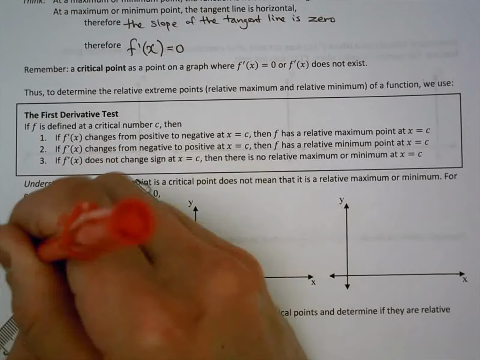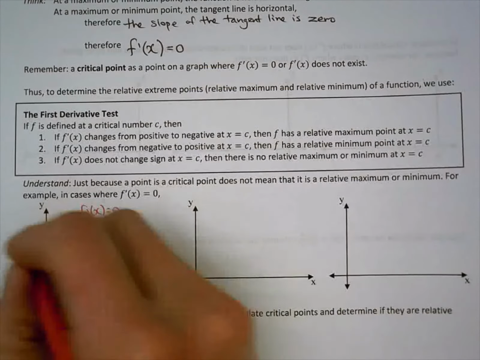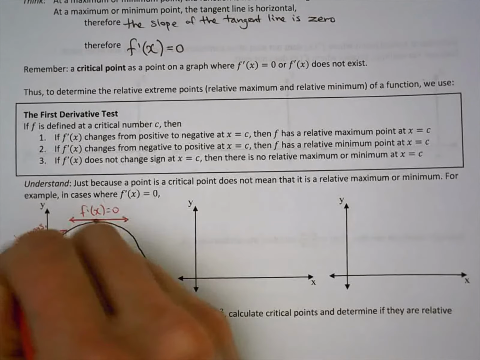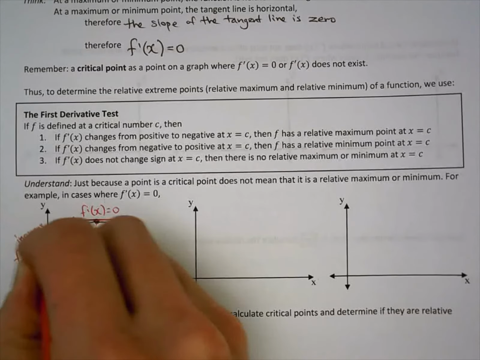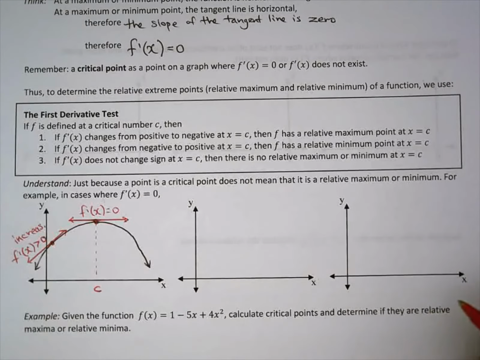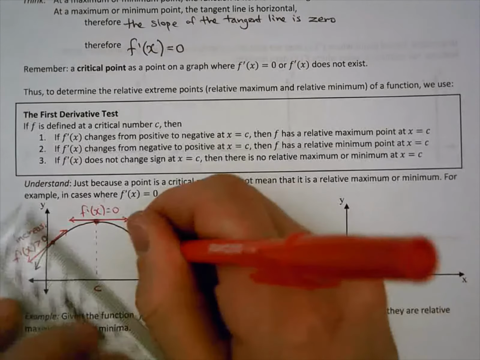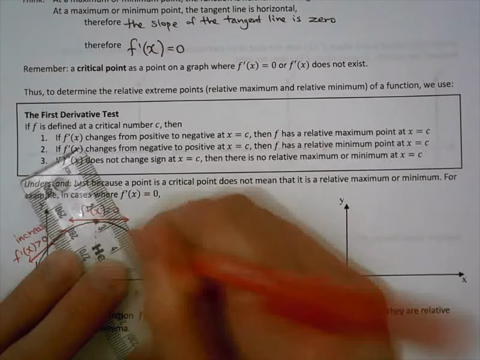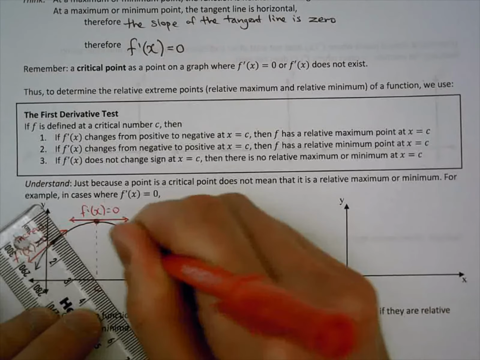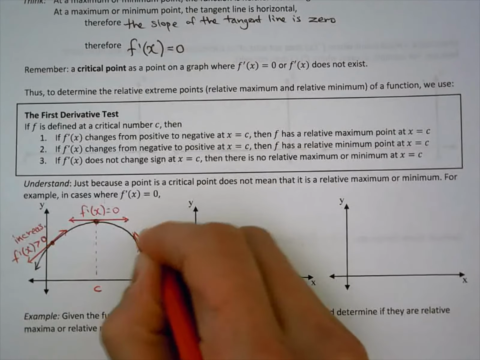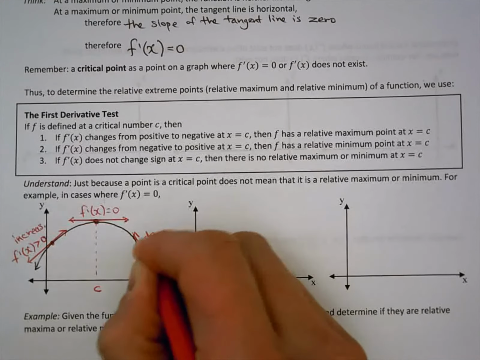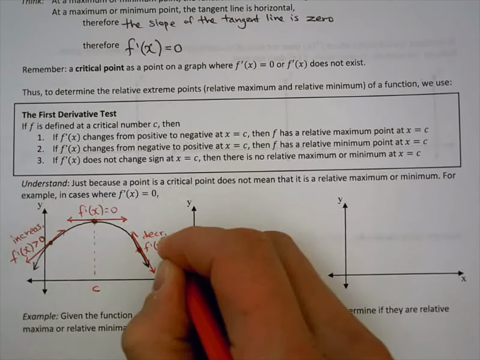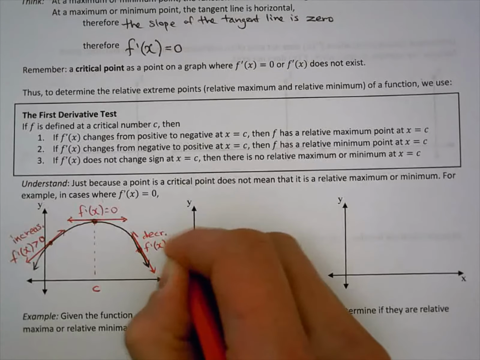Now, if I were to look at some point to the left of that, I would be able to clearly tell you that it is increasing. So the derivative is greater than 0. The derivative is positive, positive slope. And if I looked at a point to the right of that critical point, I could tell you without any doubt that this is decreasing, which means the derivative is negative.